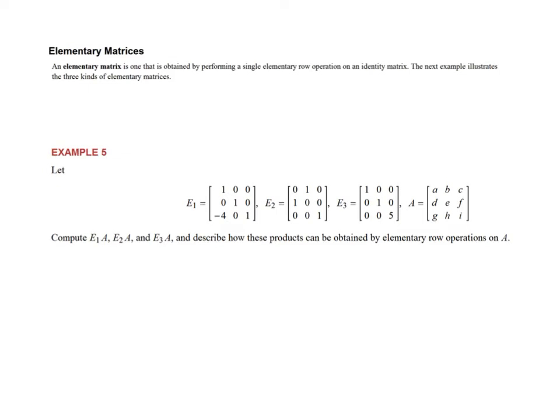And now the next step in the example is we need to find these three products. So I'm going to take E1 times A. E1 says 1, 0, 0, 0, 1, 0, negative 4, 0, 1.